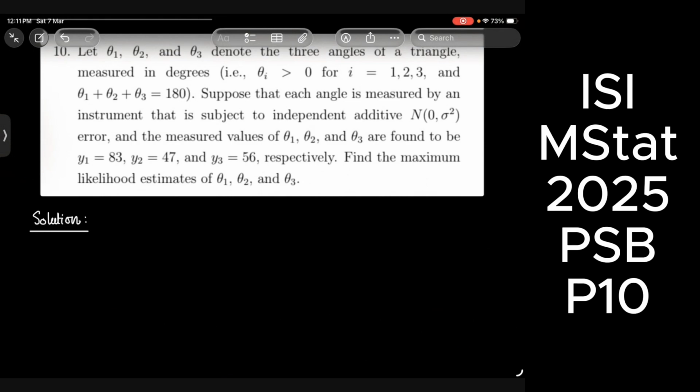I tried question number eight, the ridge regression one. There was no problem of ridge regression over there.